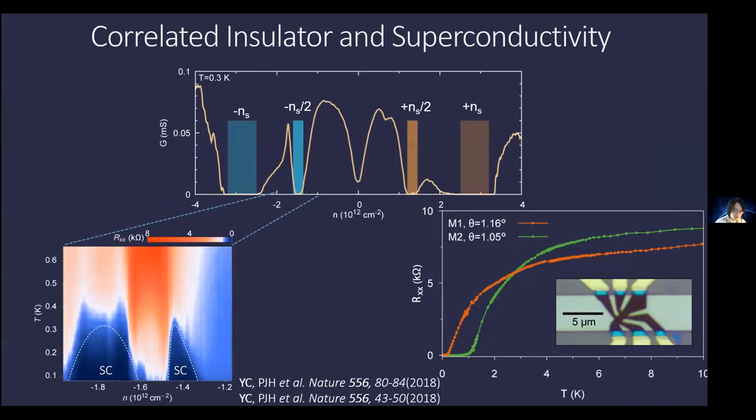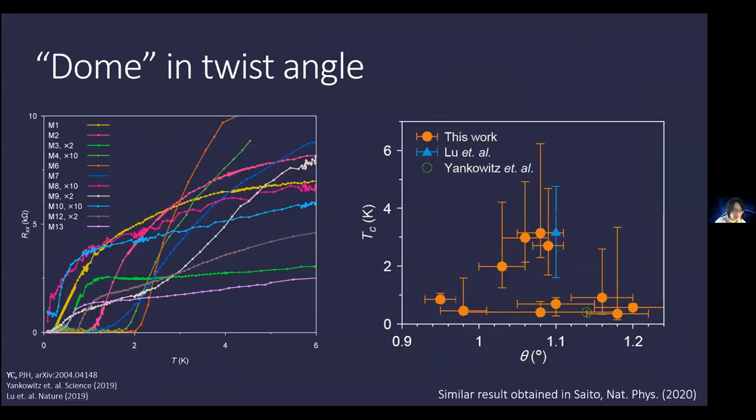So in this flat band system, about 2 years ago, we found correlated insulator states, and in particular, if you dope this correlated insulator state, you get superconductivity. The correlated insulator state has an energy scale of a few to 10 Kelvin, and the superconductivity occurs up to 2 to 3 Kelvin. Since we have the actual knob of the twist angle, we can also map out the phase diagram in terms of the twist angle.